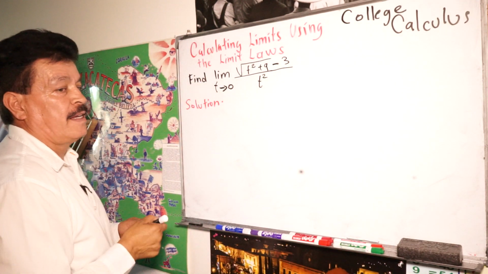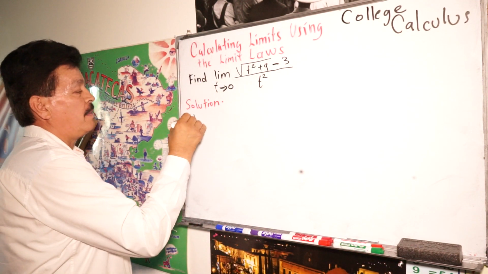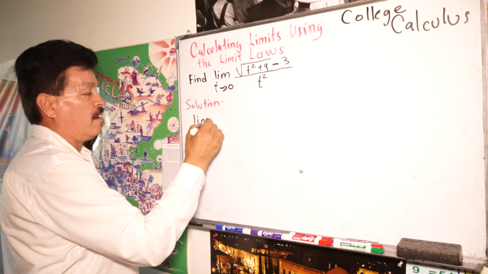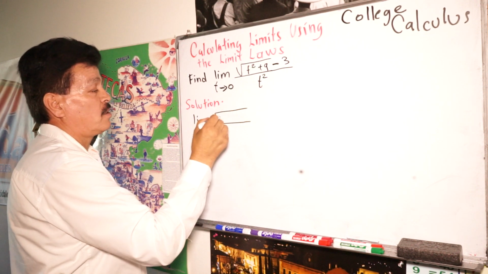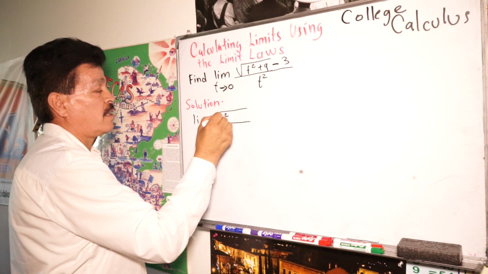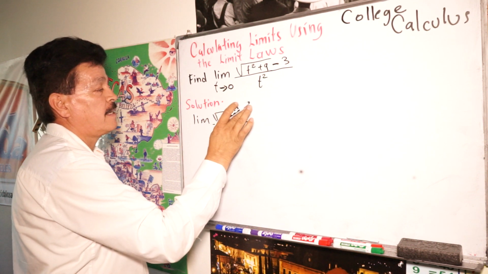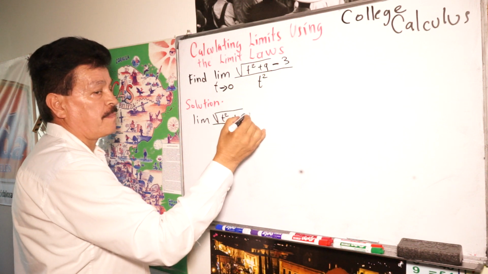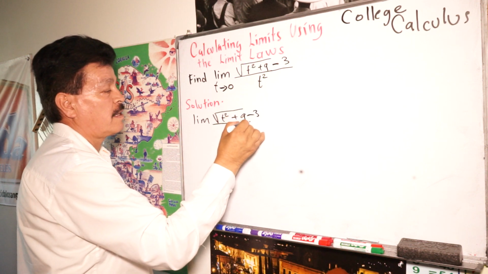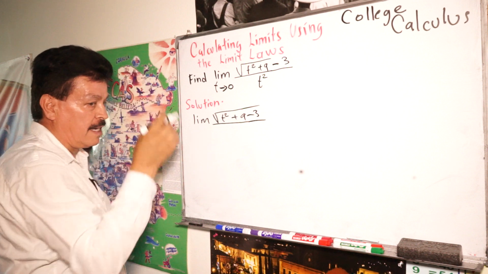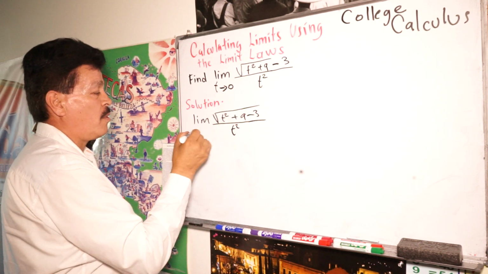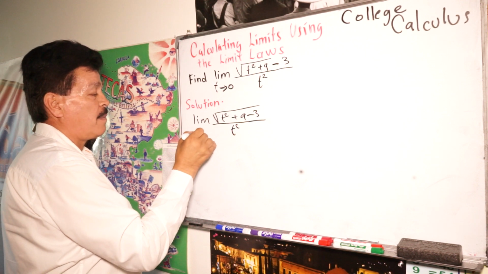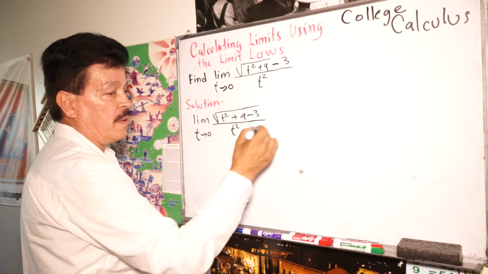So then we will have the limit of the square root of t squared plus 9 minus 3, divided by t squared, when t approaches 0.